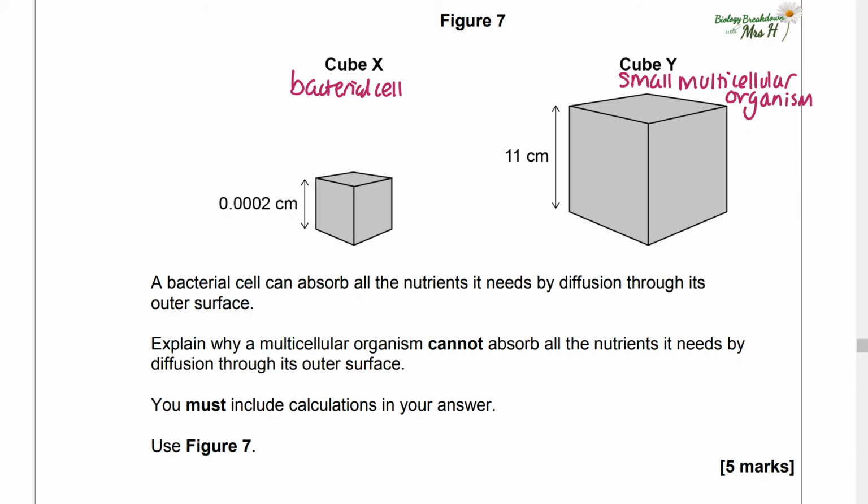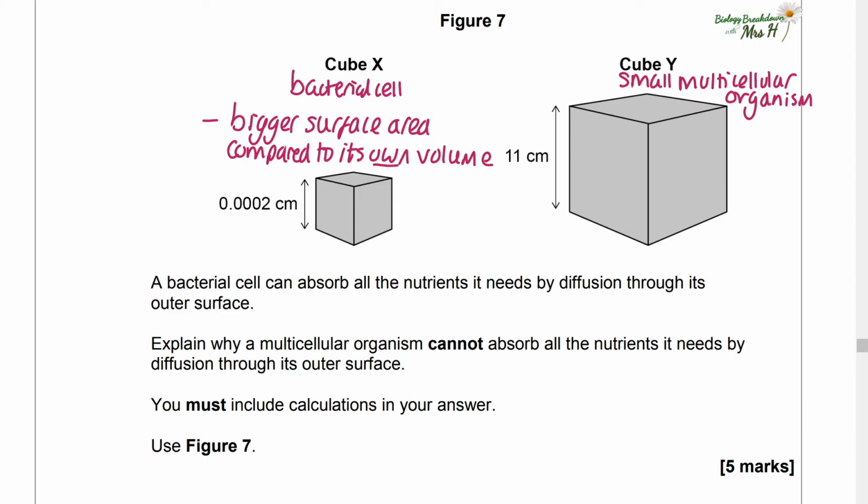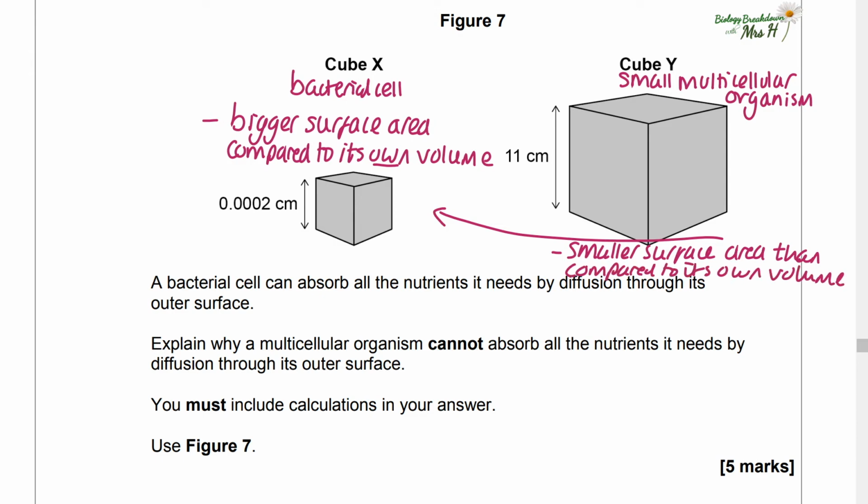You must include calculations in your answer. So you can see that this cube X has a bigger surface area compared to its own volume. And you can see that cube Y has a smaller surface area compared to its own volume, and it's certainly smaller, that surface area to volume, than cube X. But we're going to do the maths to prove it.